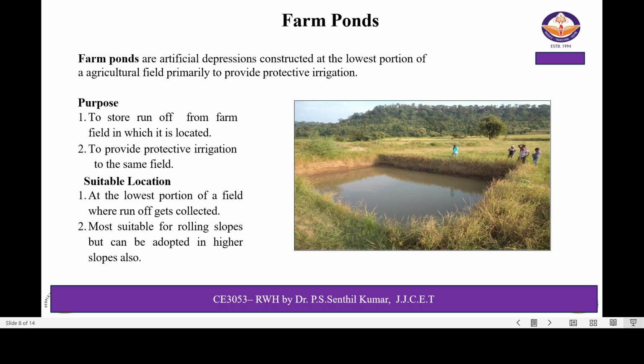Second one is to provide protective irrigation to the same field. Next one is suitable location. First one is at the lower portion of the field where runoff gets collected. Second one is most suitable for rolling slopes but can be adapted in high slopes also.